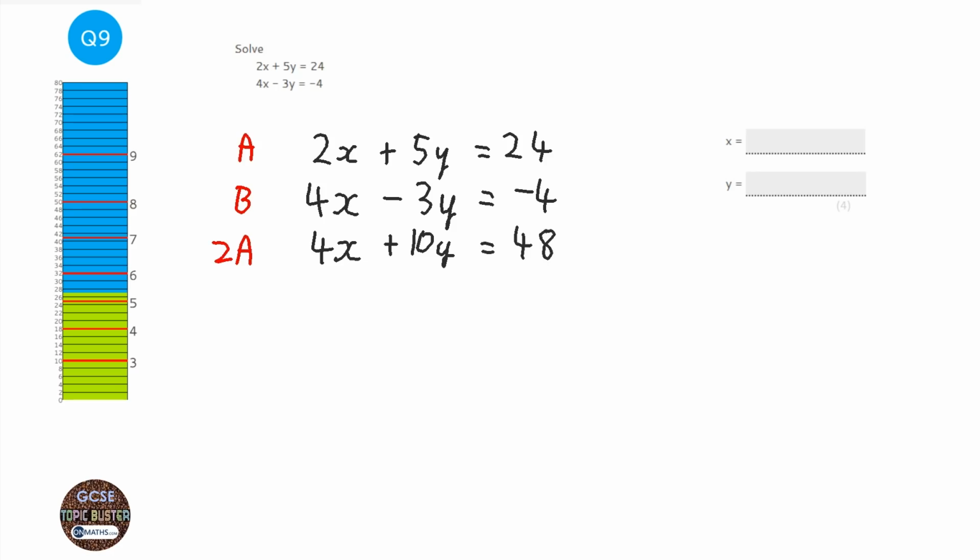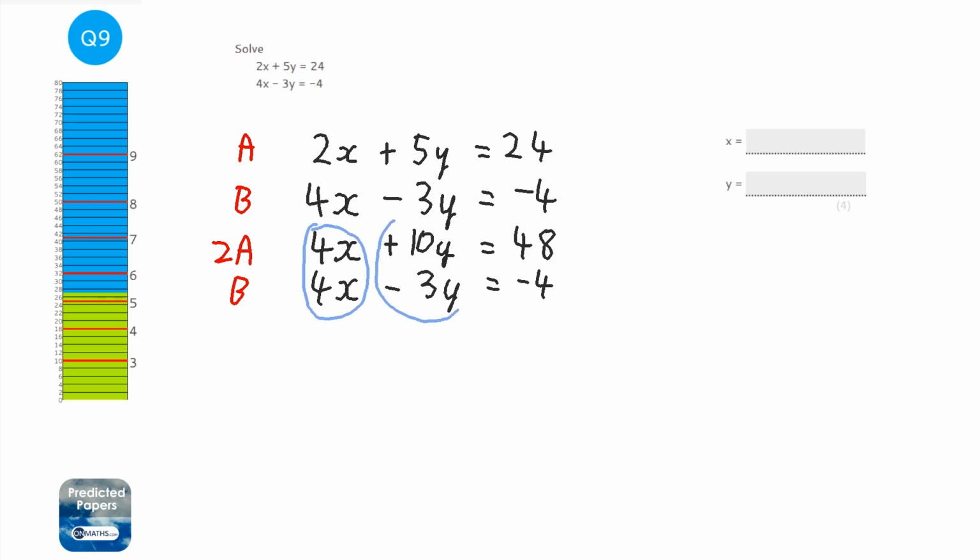Next, it's normally the case that if I write down b again, it makes things easier. So I'm just going to copy down b underneath. Next I'm going to remind myself that I'm working downwards now, so I put little circles around these.